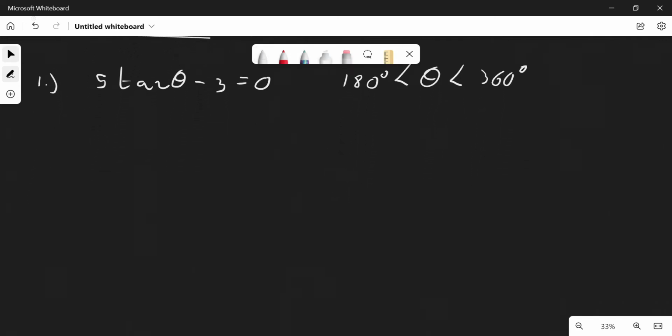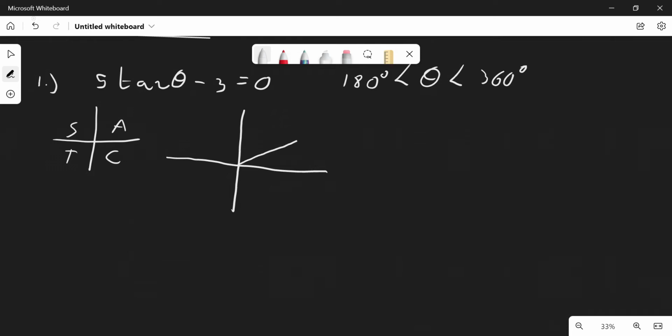In these cases, the most important thing is CAST. All of them are positive in that quadrant, sine is positive here, tan is positive here. And the origins of CAST, just in case you do not know: let's say I have an angle theta, and let's give it hypothetical values.